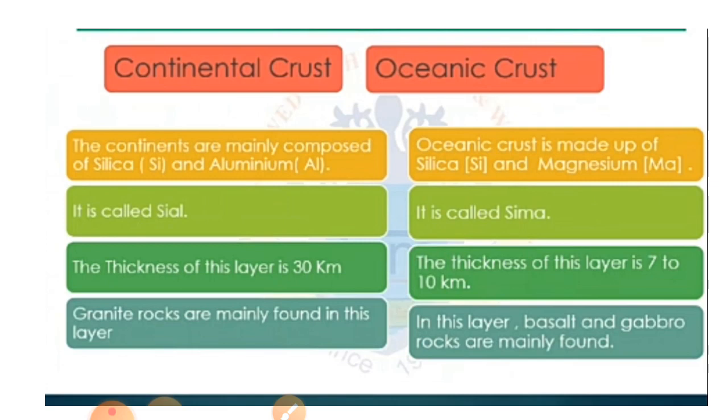In this layer, basalt and gabbro rocks are mainly found. Dear students, in the continental crust, we can find granite rocks, whereas in the oceanic crust, we find basalt and gabbro rocks.